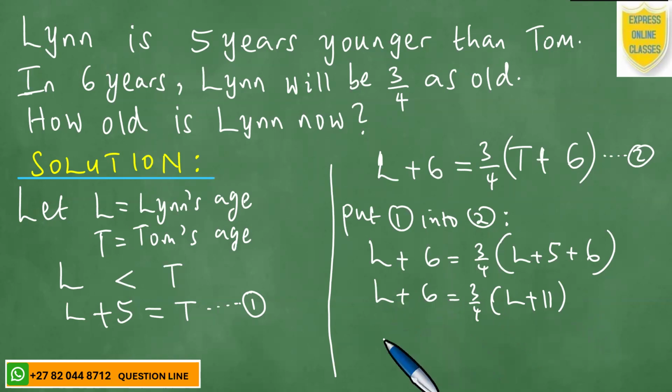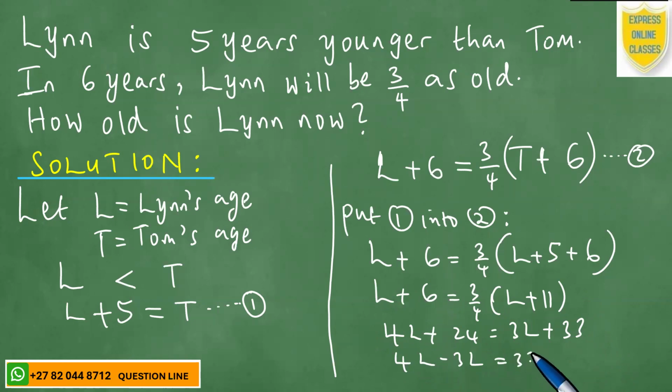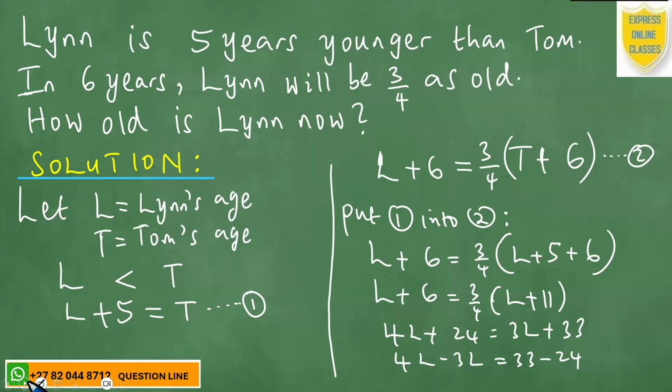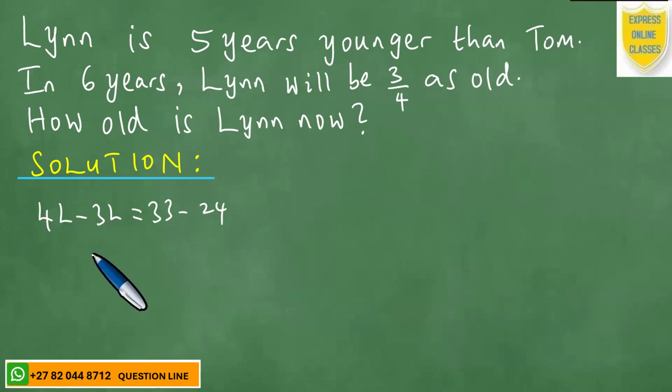You cross multiply: 4 times L plus 6 is 4L plus 24, and 3 times L plus 11 is 3L plus 33. Giving us 4L minus 3L is equal to 33 minus 24. 4L minus 3L gives us L, and this is exactly equal to 9.